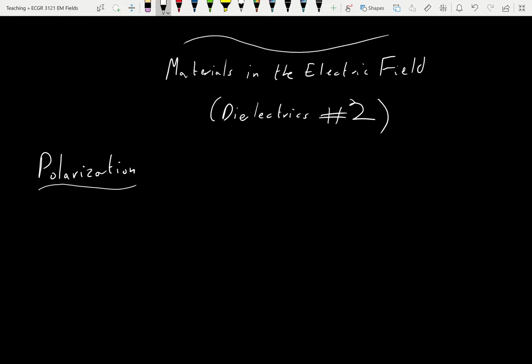Essentially, it means imagining or having a mental image that in any medium where the electric field exists, and in general electromagnetic fields, electric or magnetic fields exist, those mediums have certain properties embedded in them.